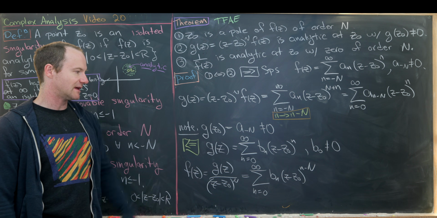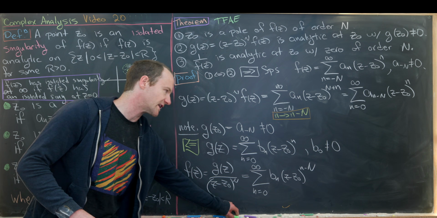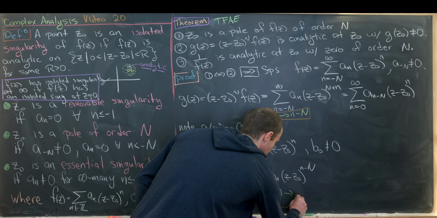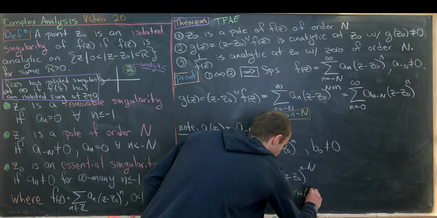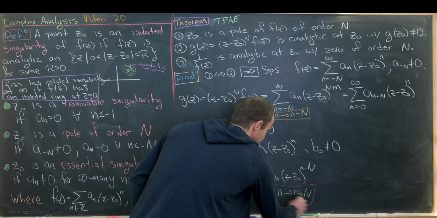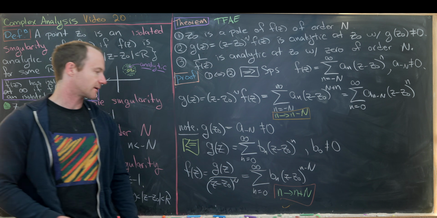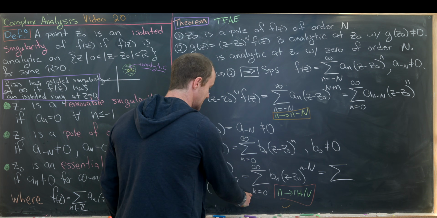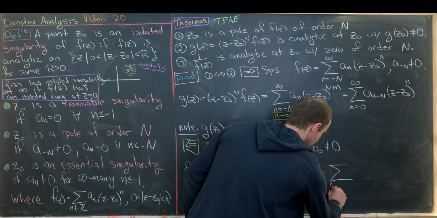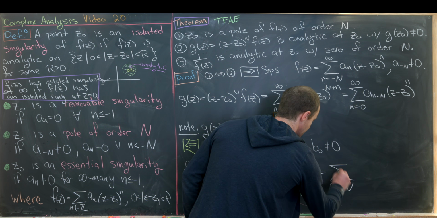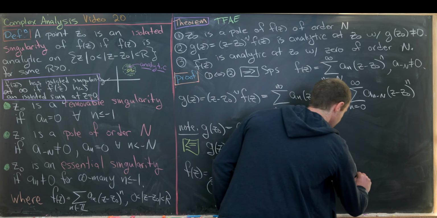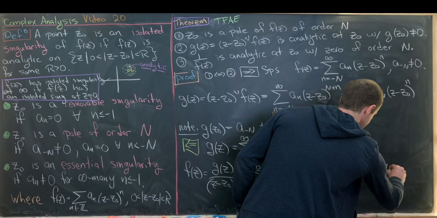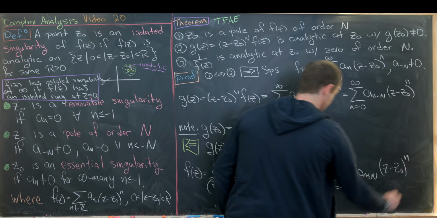Now we're going to play the same game that we did up here, but we'll just re-index in the other direction. So let's take n and replace it with lowercase n plus uppercase N. So that'll be our re-indexing here. That means our sum will now start at n equals negative uppercase N, the sum from n equals negative N to infinity of b of n plus N, and then we have z minus z naught to the n.